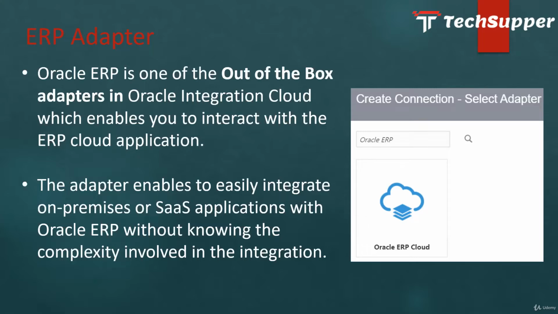It can be used to subscribe to the seeded and custom business events, or it can be used to query the ERP. It can be used to import bulk data using the FBDI approach and others. The adapter enables you to easily integrate on-premises or SaaS applications with Oracle ERP without knowing the complexity involved in the integration.